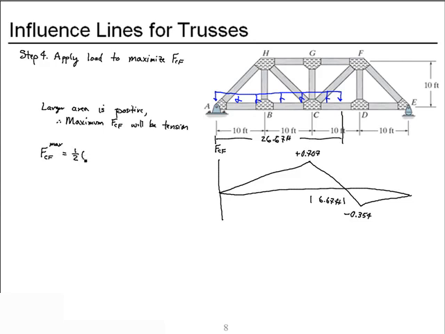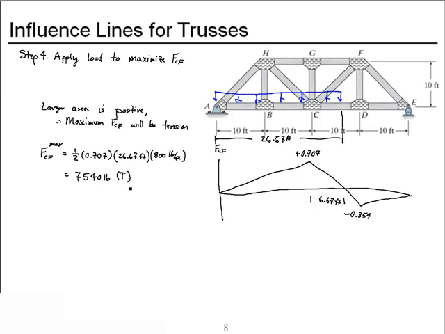We have 1/2, peak value 0.707, the base of that triangle 26.67 feet, and the magnitude of the distributed load 800 pounds per foot. We solve that. 7,540 pounds, and that is in tension.